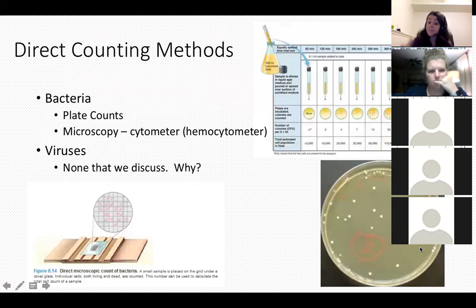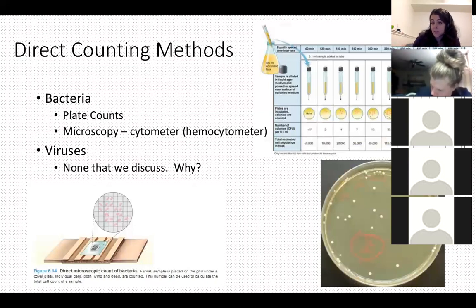And the other one that Xenia listed is also correct. They're too small, so we can't use our light microscope to count them. Electron microscopes are great for a lot of things, but because of the sample preparation, they're not great for counting, because you lose specimen as you're preparing it. So we don't typically use it to count. It's really not very accurate. So there are no direct methods for counting viruses because of those two limitations, size and requiring a host.